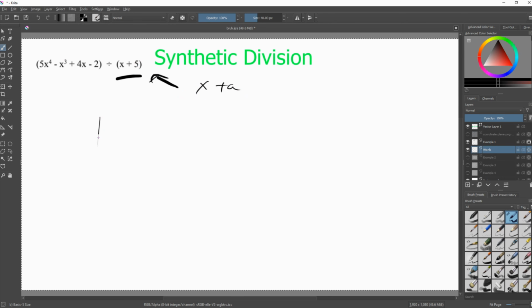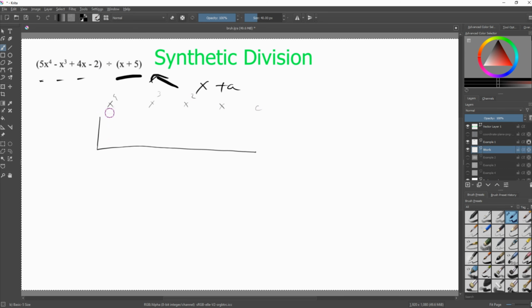So what I do is I'm going to make a little box like so, and then I'm going to line my numbers up here. I take the coefficient of each term, like 5, -1, and so on, but I have to put them in order. So I have to imagine this is my x to the fourth here, x cubed, x squared, x term, and just a random number in the back, right? That number has no x.